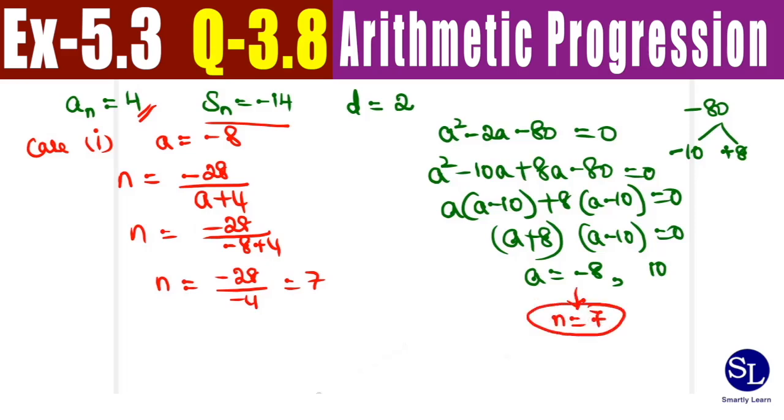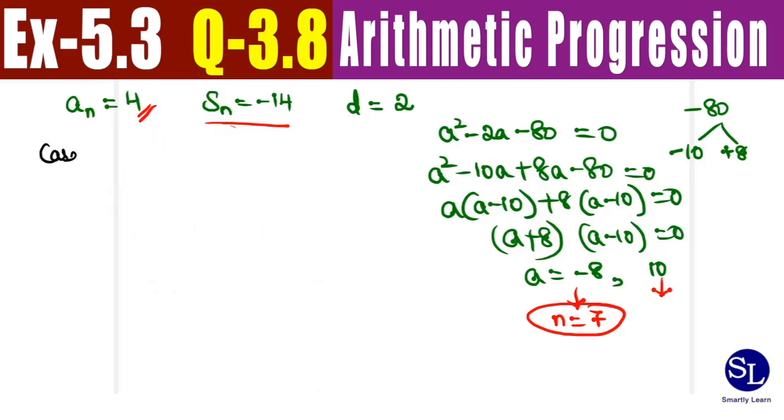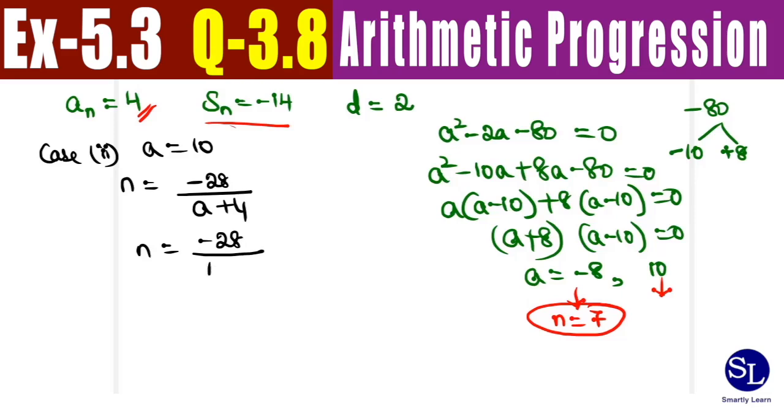Now let's do a case 2 wherein I'm going to substitute the value of a to be 10. So case 2, a is going to be equal to 10. Let's substitute in the expression. n is going to be equal to minus 28 divided by (a plus 4). So n is minus 28 divided by (10 plus 4). So n is minus 28 by 14, which is minus 2.